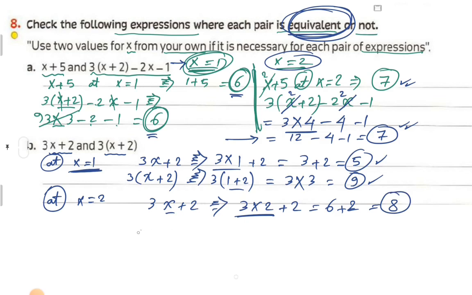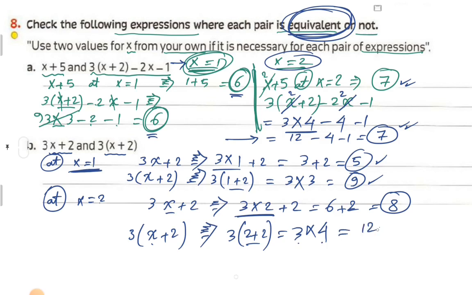Okay, the second expression, substitute x equals 2. So 3 times (2 plus 2). Start with the parentheses. 2 plus 2 equals 4. Now we have 3 times 4. That equals 12.